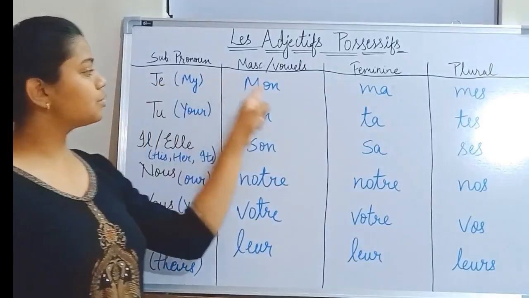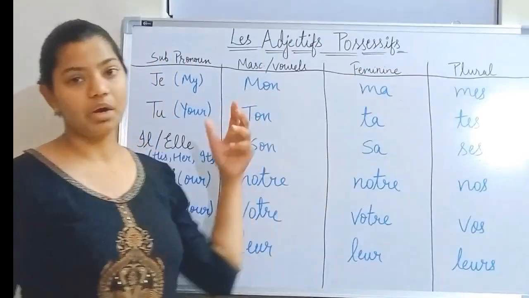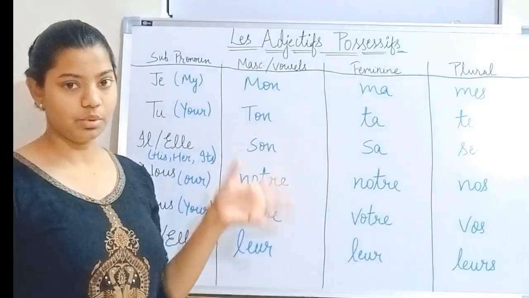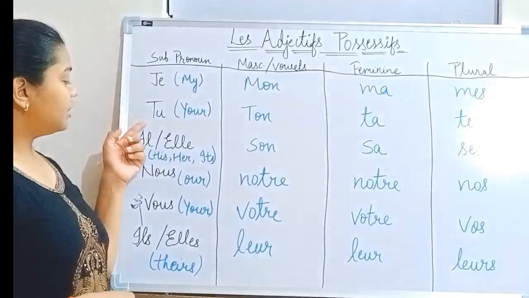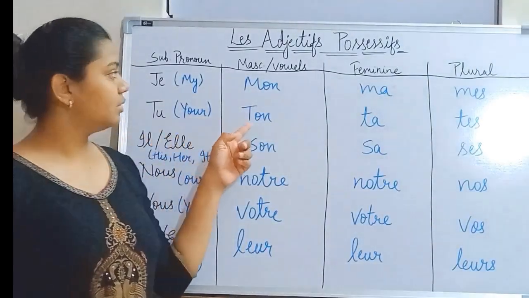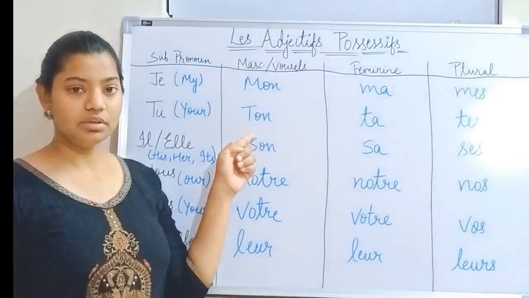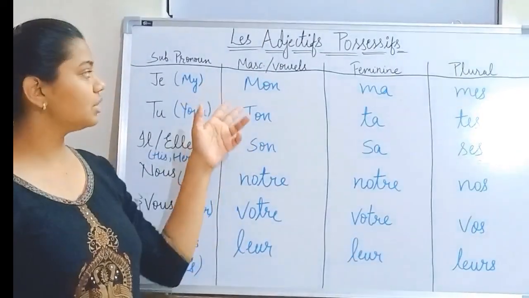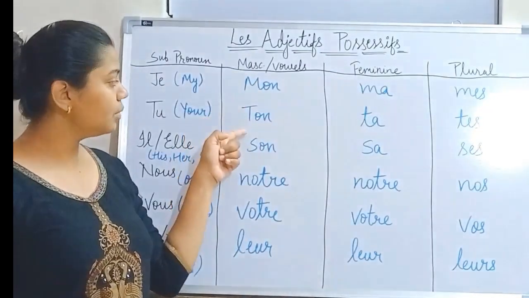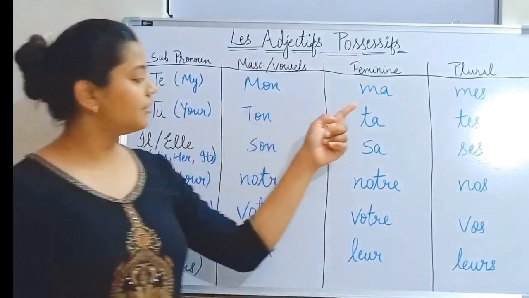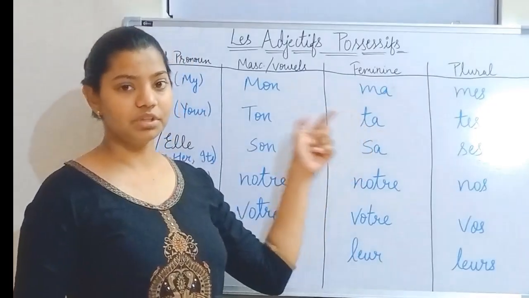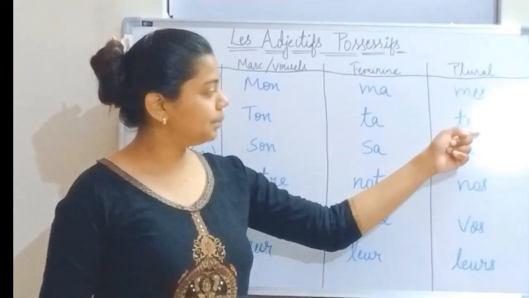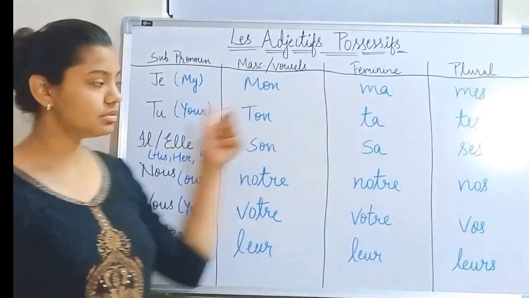So with je we use mon, ma, mes according to the gender. Now with tu we use ton as a masculine, or with a vowel. Okay, with masculine and with a vowel we use ton with tu, and for feminine we use ta with tu, and in plural we use tes with tu.